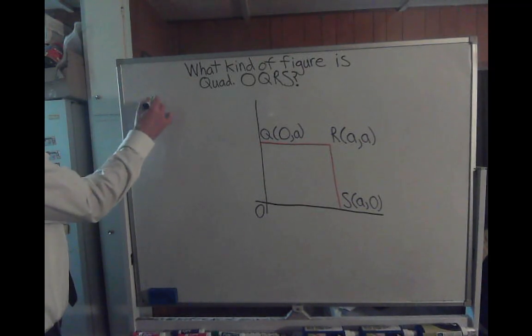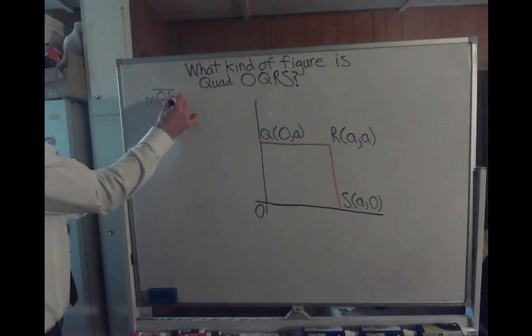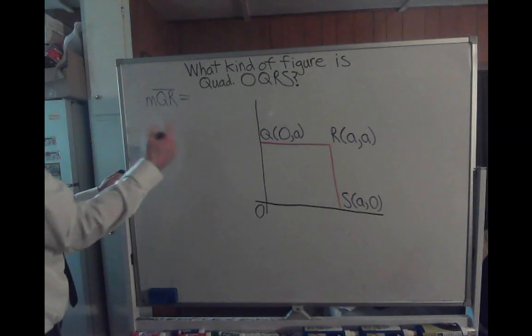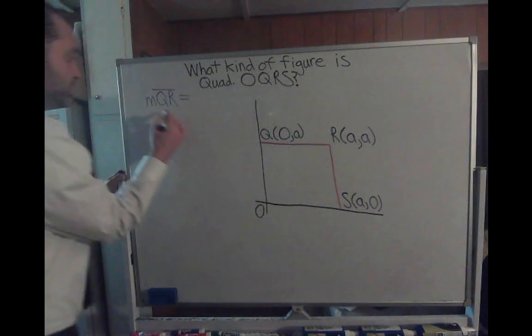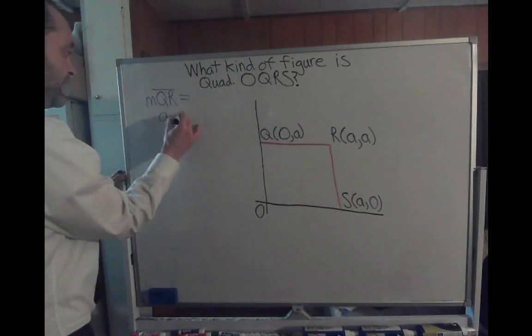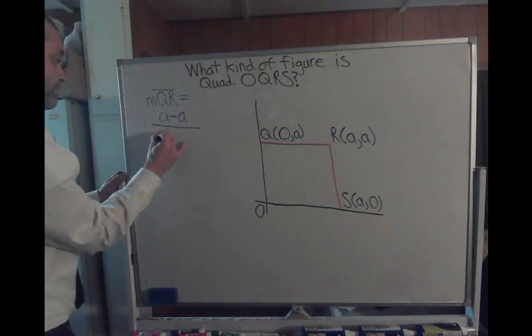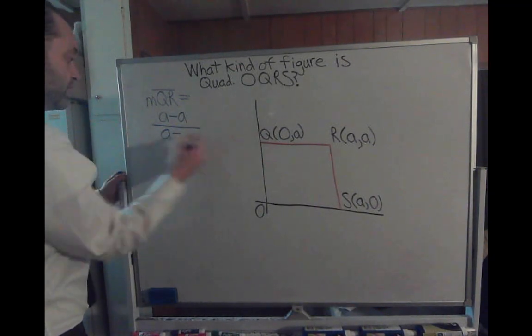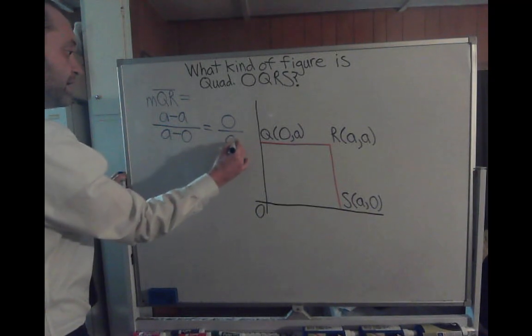So I'm going to find the slope of QR here. That's your y2 of A minus your y1 of A, all over your x2 of A minus your x1 of 0, which would give you 0 over A.